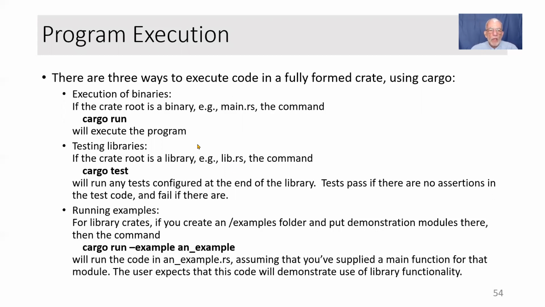So we have those three: cargo run, cargo test, and cargo run --example, where an example is the name. It would be an example.rs, a binary file in that examples directory.